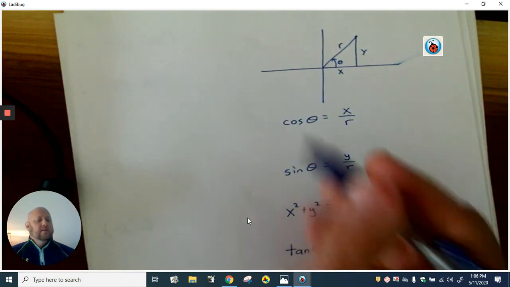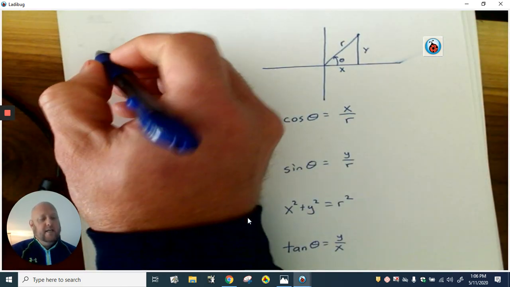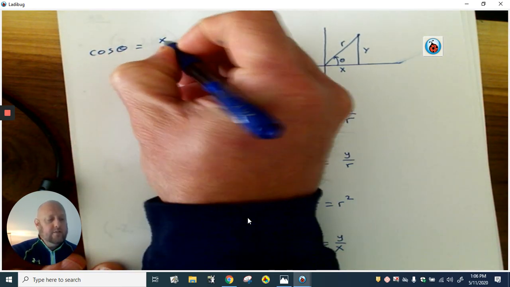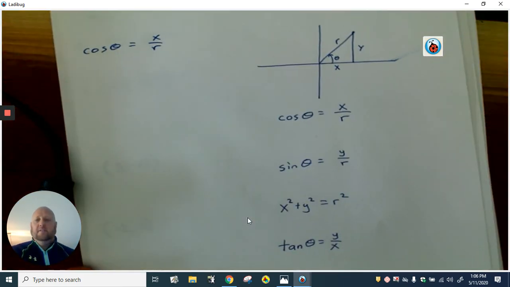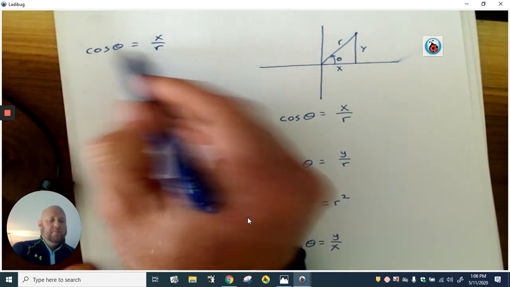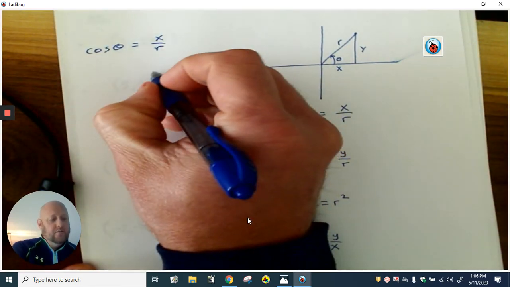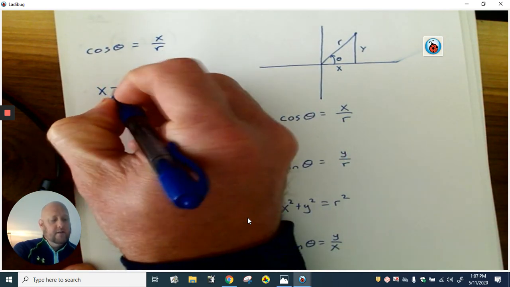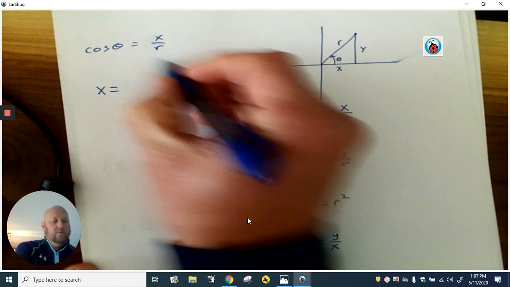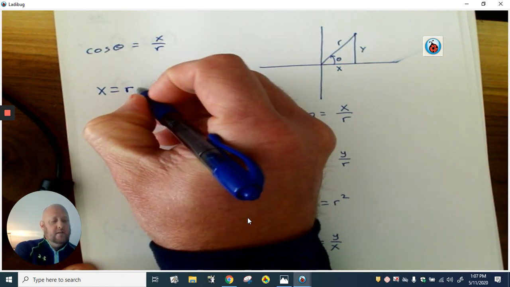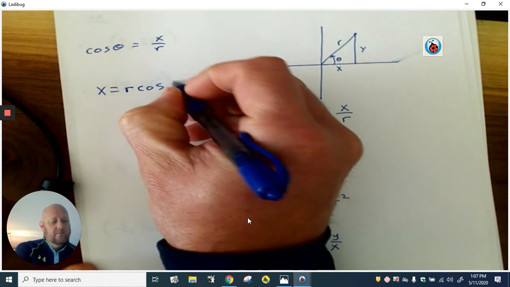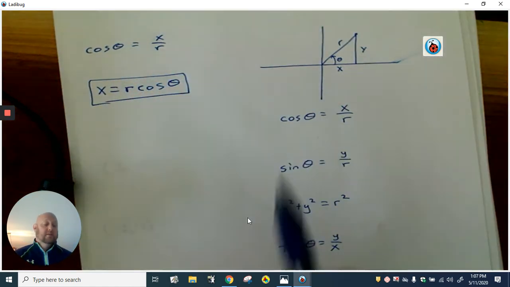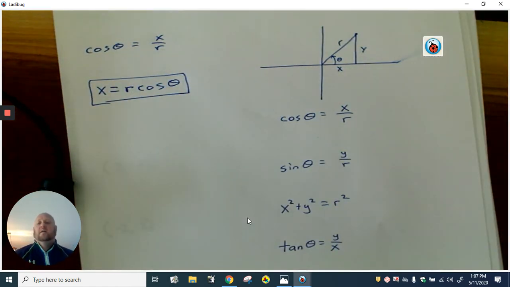So one thing we can do is take that equation, cosine of theta is equal to x over r, and rearrange it by butterflying this, to where x is actually going to equal r times cosine of theta.